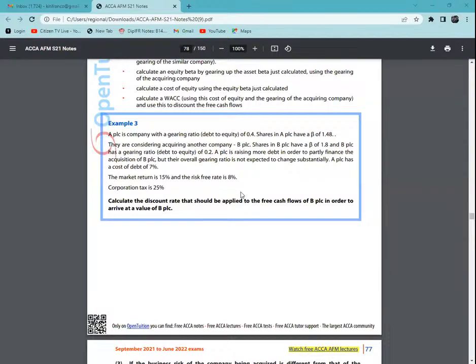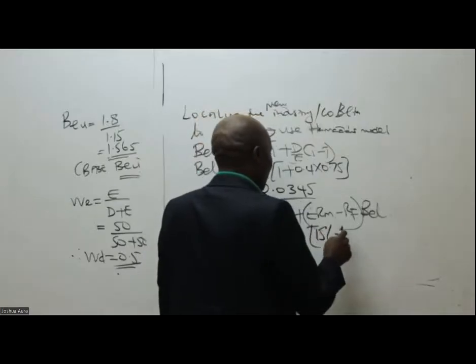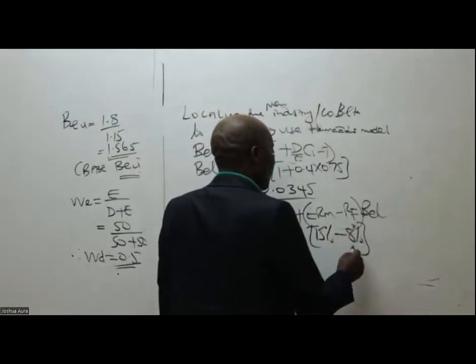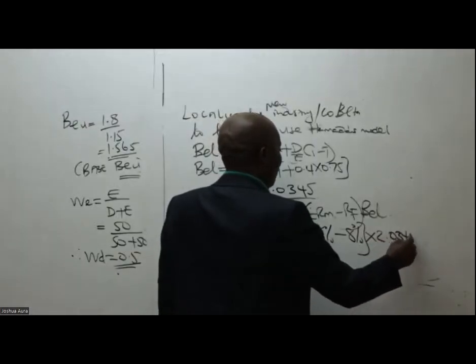Thank you so much. Plus, are you able to see the expected return of the market? Yes, market return here is 15%. So market return of 15% minus risk-free of 8% multiplied by the beta that we got up here, which is 2.0345.